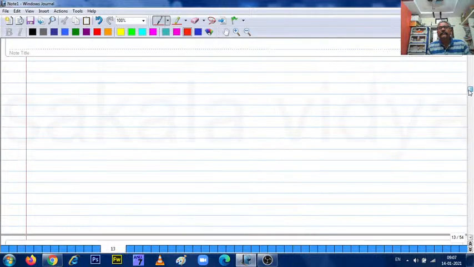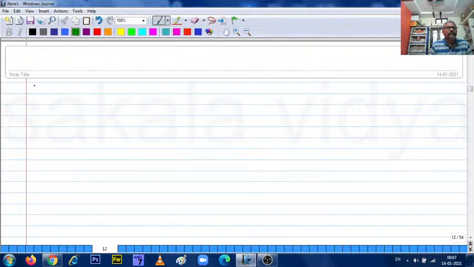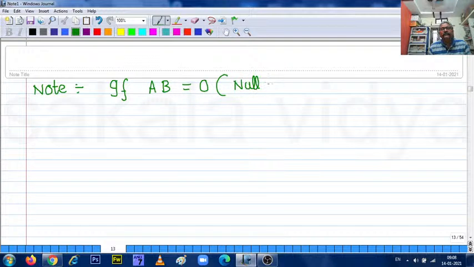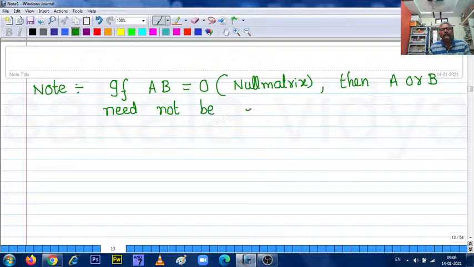So let us write the important note. If AB is equal to O, the null matrix, then A or B need not be equal to O, that is, the null matrix.